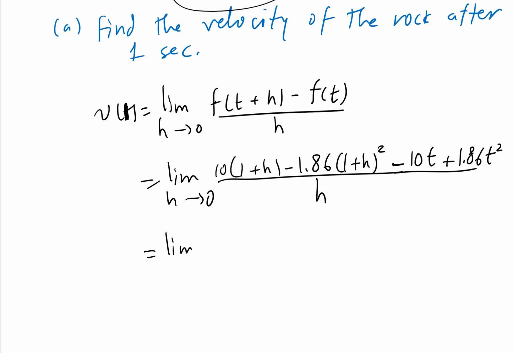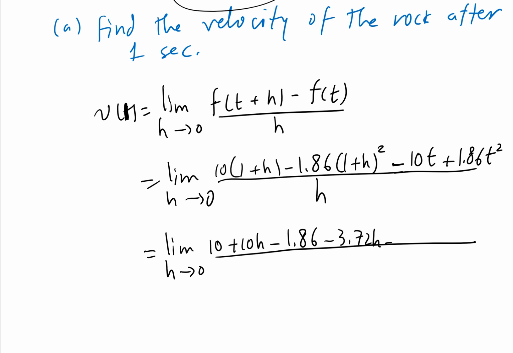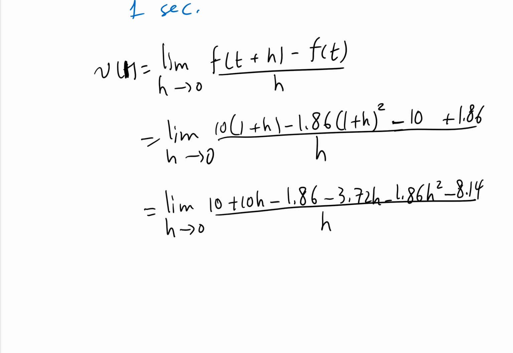This equals the limit as h goes to 0 of 10 plus 10h minus 1.86 minus 3.72h minus 1.86h squared minus, remember t is 1, so that's a minus 10, and there's a 1 there, plus 1.86, so it's a minus 8.14, all over h.